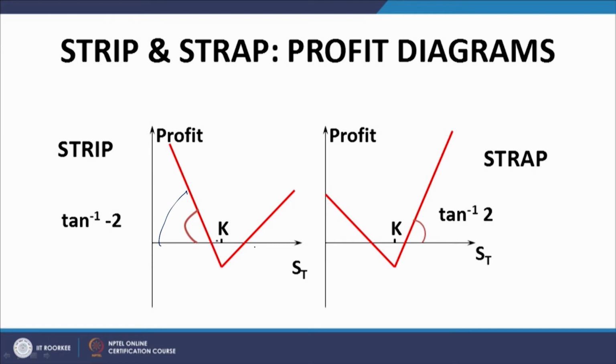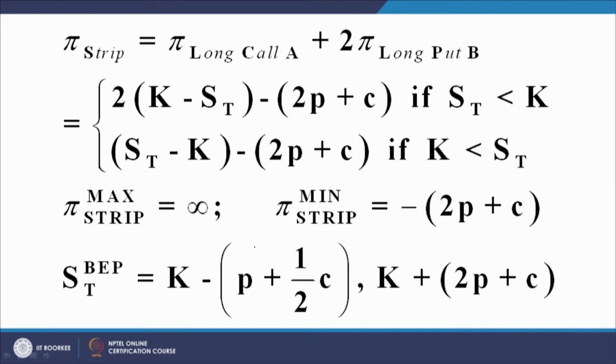The left-hand side gives you the strip profit diagram, and these are the profit functions of the strip; the strap can be worked out similarly. You can see here, if ST is less than K, then if you simplify this, it turns out to be 2K minus 2ST.